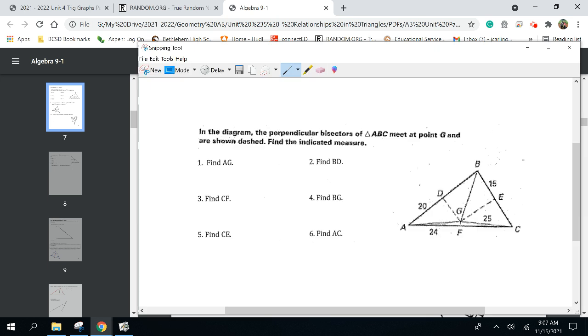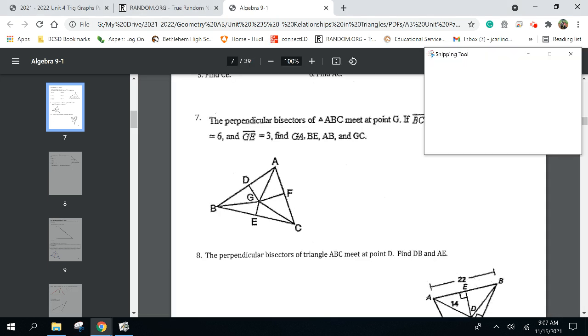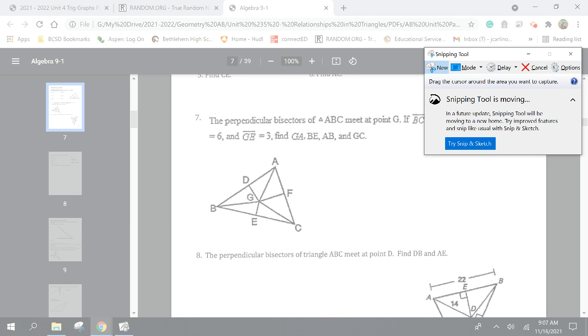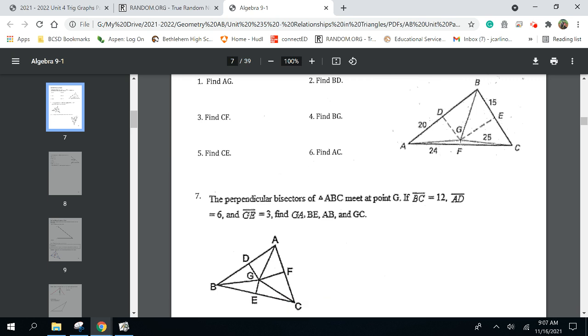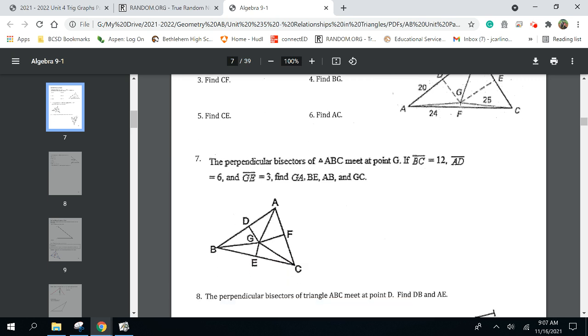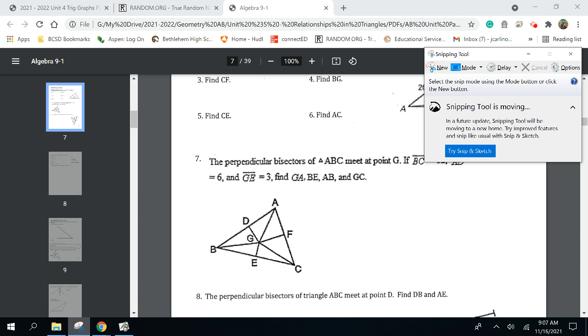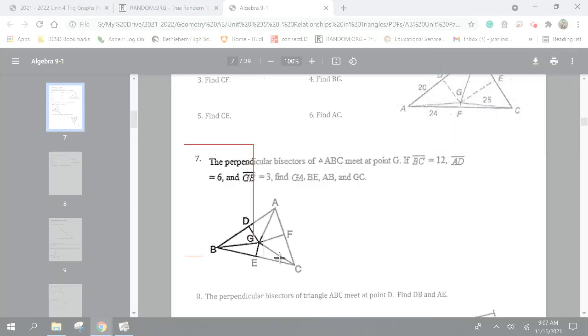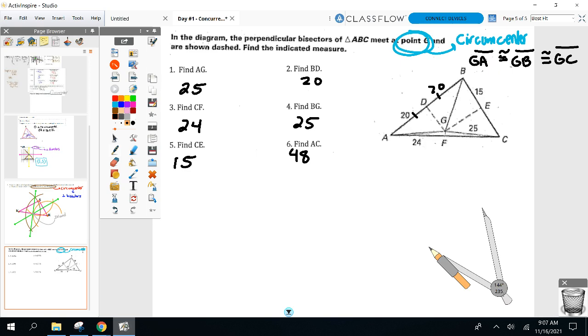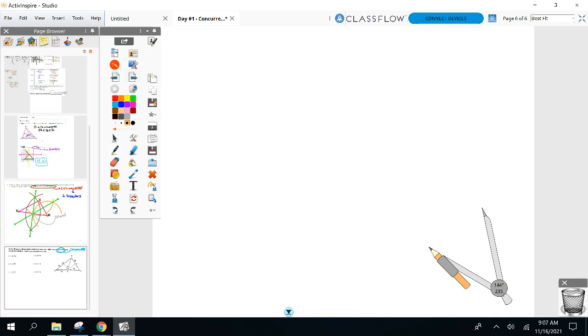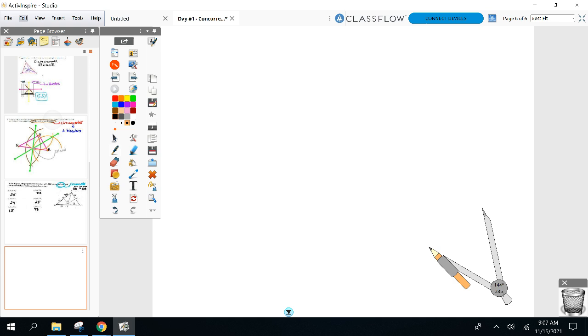Answers are all up on Classroom for the ones we don't get to. This one's a tough one, but we're not going to shy away from it.